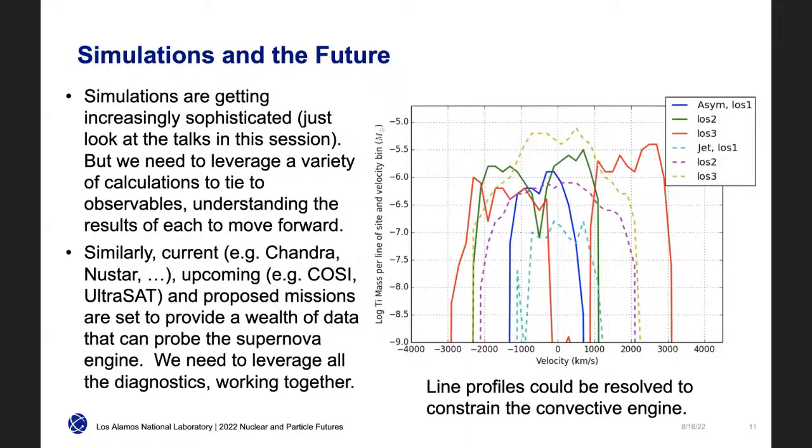Because I think it's going to be hard for a single event, but if we had a whole population, I would guess the distribution of properties will be different between your jitter jet explosion versus an asymmetric explosion. But that study has not been done. So these are the kinds of studies we need to do.